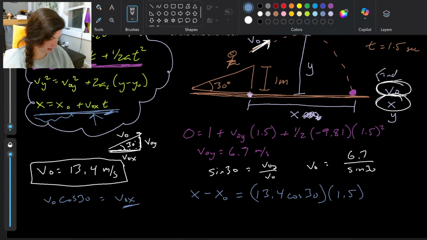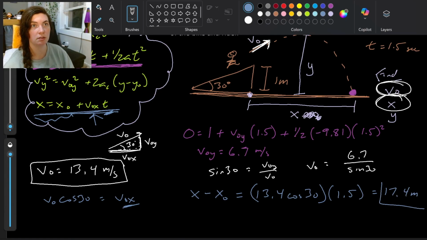Plug that into a calculator, and I get that my distance is going to be 17.4 meters for my total distance traveled. And not distance traveled like the arc, I mean just distance traveled in the x direction. So the distance he traveled in the x direction from the ramp to the ground was 17.4 meters.